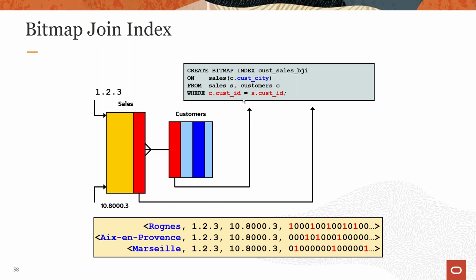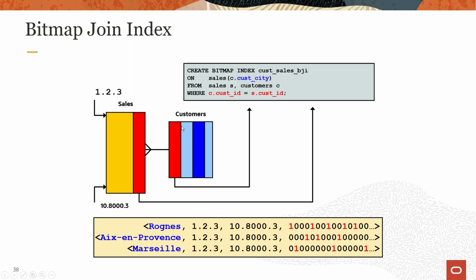As you can see, when you create a bitmap index, in addition to a bitmap index on a single table, you can create a bitmap join index. A bitmap join index is a bitmap index for the join of 2 or more tables. It is a space-efficient way of reducing the volume of data that must be joined by performing the join in advance.